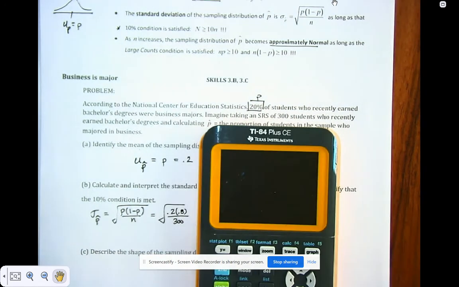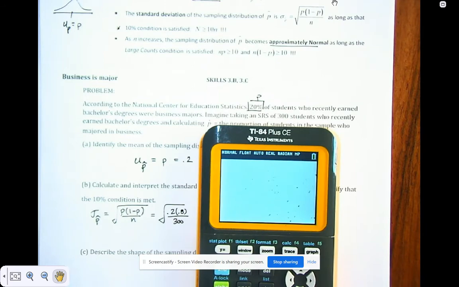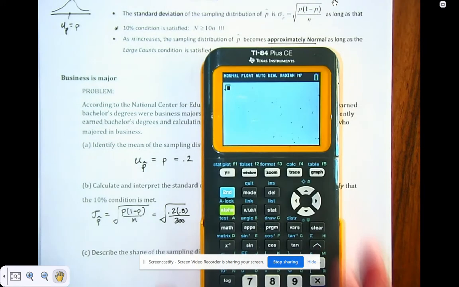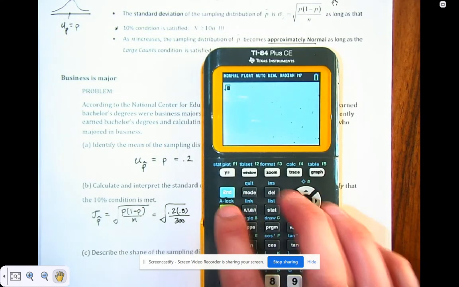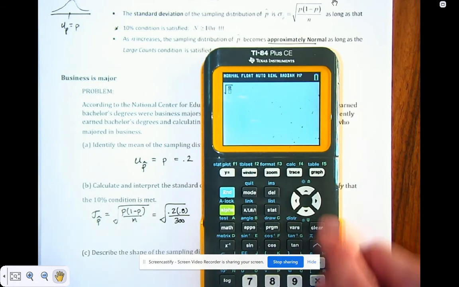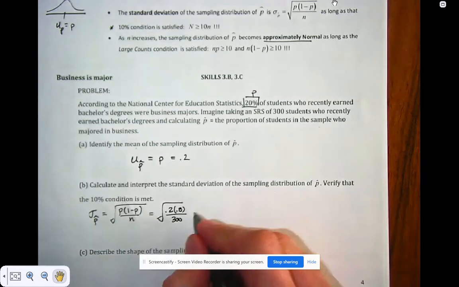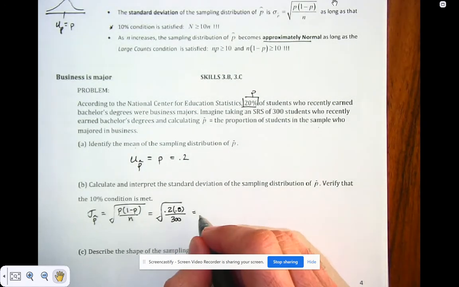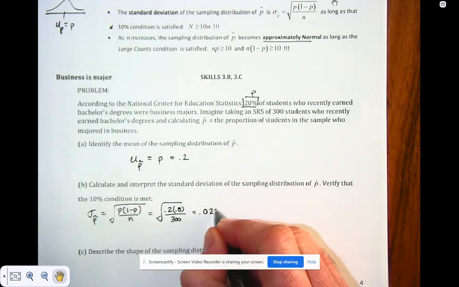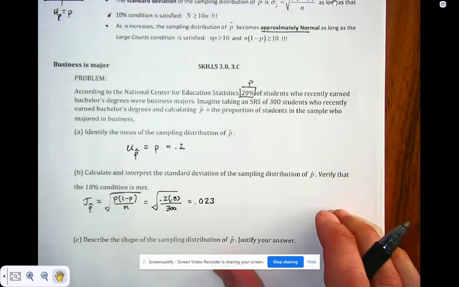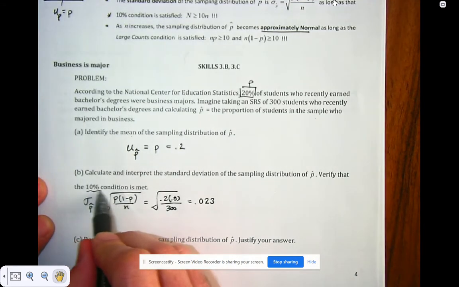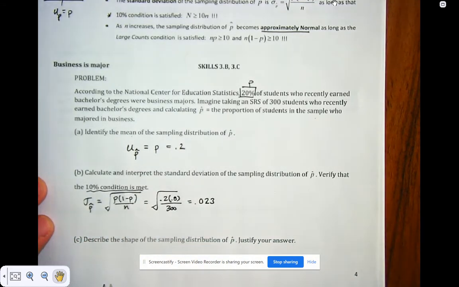When you come into your calculator, second square root, you can do your fraction with alpha y equals, enter, and you've got 0.2 times 0.8 divided by 300, and you get 0.023. Okay, but remember, that only works if the 10% condition is met.